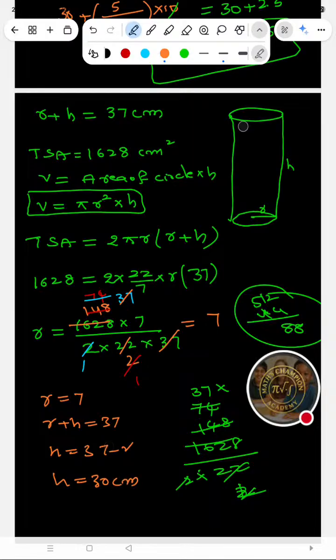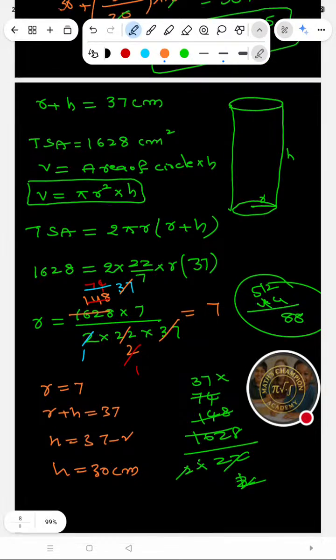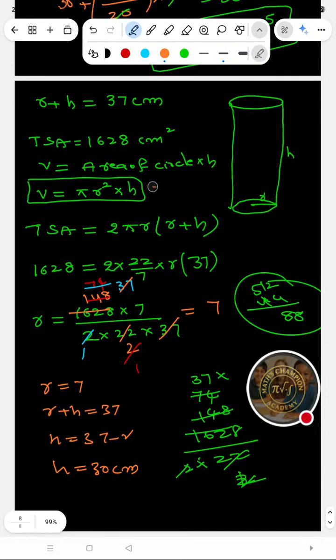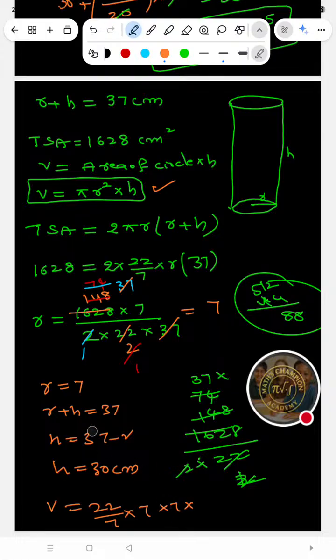Okay, what is being asked in the question? Find the volume. We already wrote the formula here. Take pi as 22 by 7; volume is equal to 22 by 7 into r squared, r is 7, so 7 into 7, and height is 30.